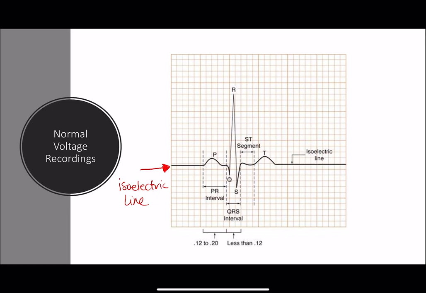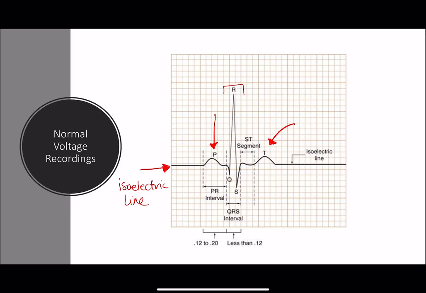No deviation, no electrical movement. You can see that when the atria contracts, we get this positive deflection of the P wave, followed by the ventricular contraction of the QRS. And then a little while later, we repolarize the ventricle and we get our T wave.